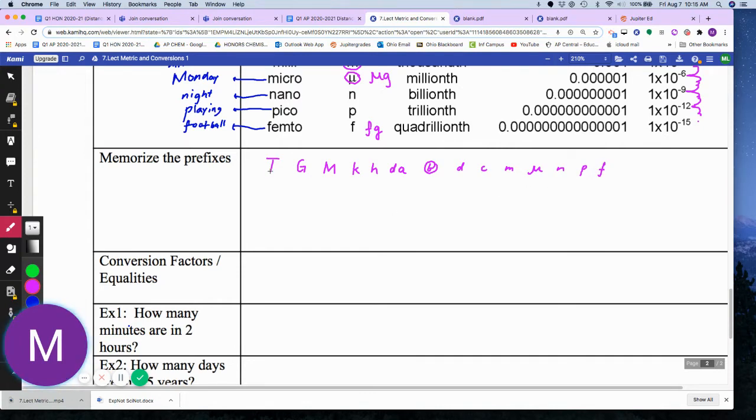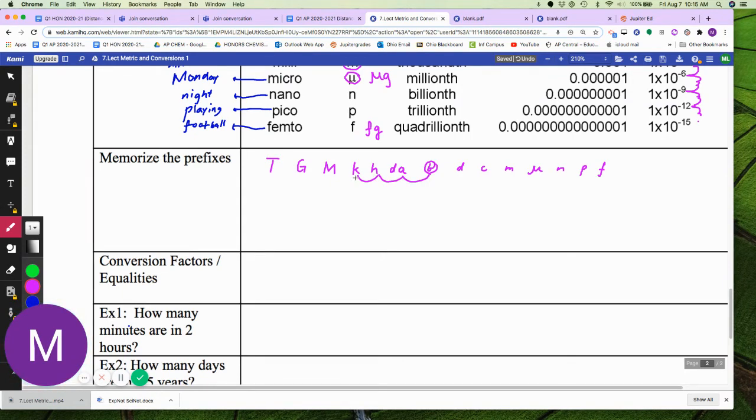Okay, so the jumps are as follows from the base. It is single, single, single, and then triple, triple, triple.